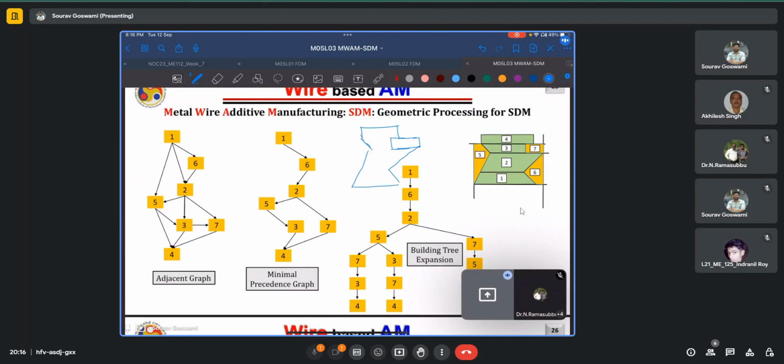And it also had certain regions with supports. So this is how it looked initially.